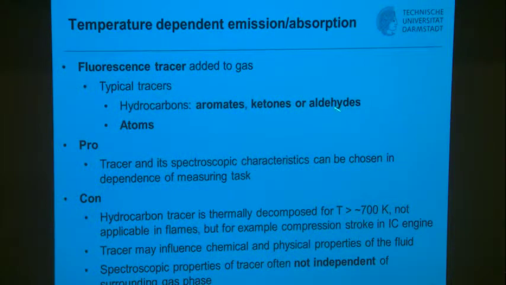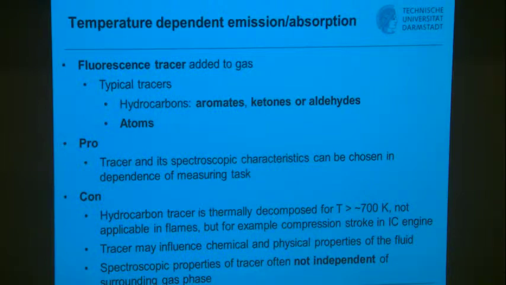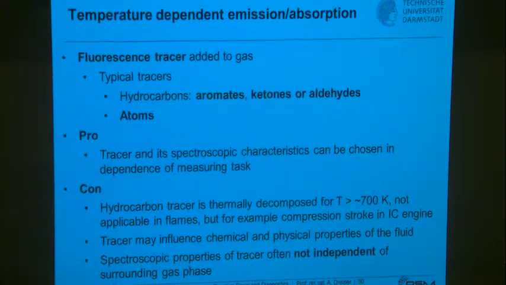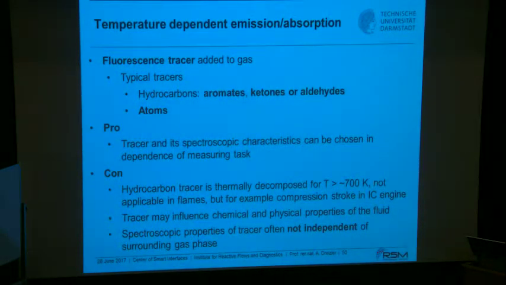These molecules, aromatics, ketones, and aldehydes, for temperatures exceeding something like 700 Kelvin, depending in detail on the tracer, are thermally unstable, such that they are decomposed at high temperatures. So that's why this kind of tracer is primarily useful for gas mixtures that have not yet been reacted. So in the pre-reaction zone, in the mixing zone, for example, very popular in IC engines. Yeah?